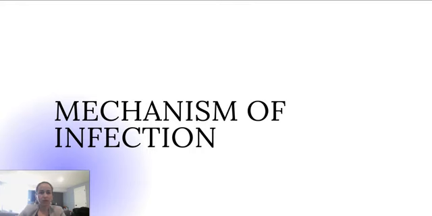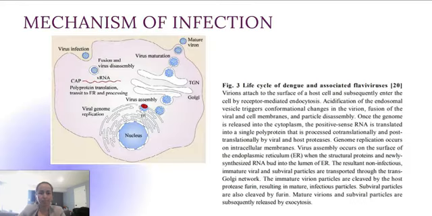Mechanisms of infection. Regarding DENV infection and replication, there are numerous mammalian cell receptors reported to mediate DENV attachment and entry, such as DC-SIGN, L-SIGN, heparan sulfate, mannose receptor, laminin receptor, dopamine receptor, and others.